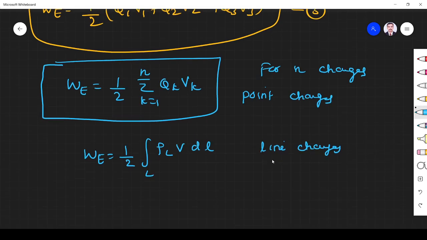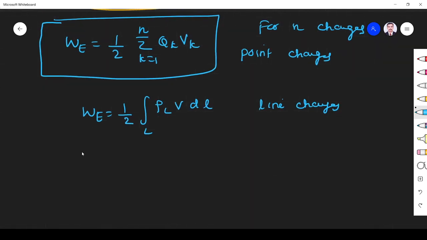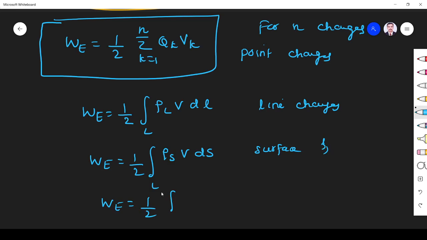Similarly for surface charge, the charge is rho S ds, so 1 by 2 integral of rho S V ds. Similarly for volume charge, it is 1 by 2 integral of rho V V dV. This is potential, and dV is the volume.